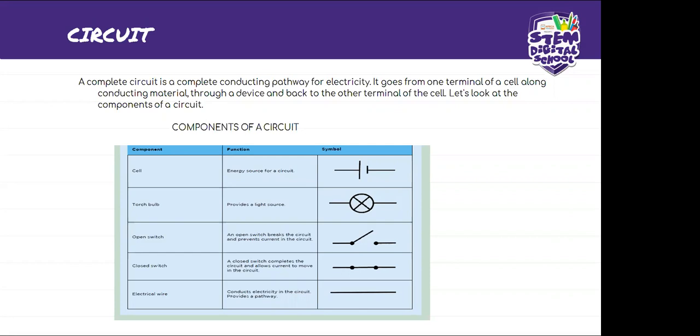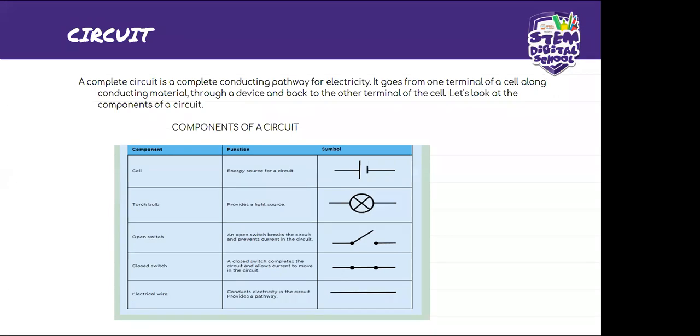So if the bulb is lit, it means we have a complete circuit. So when we have a complete circuit, there is a conducting pathway for the electricity. It goes from one terminal of a cell along conducting material through a device and back to the other terminal of the cell.